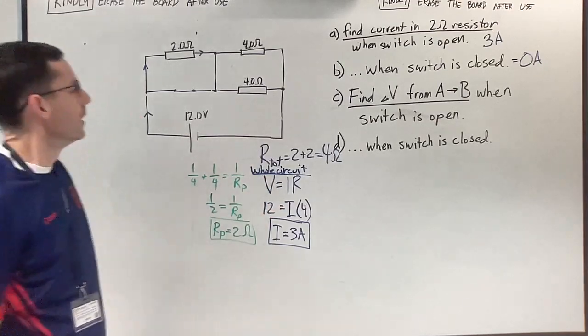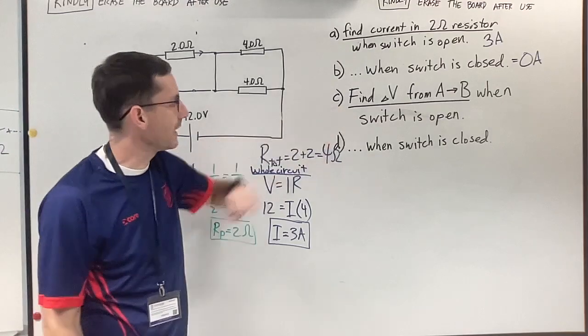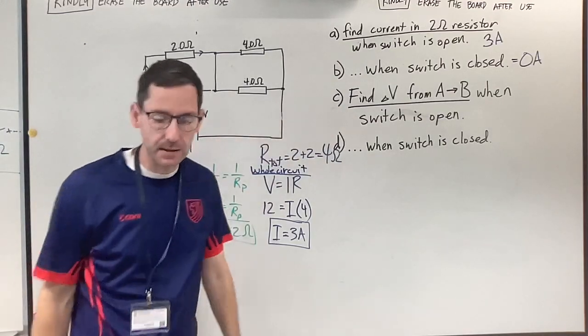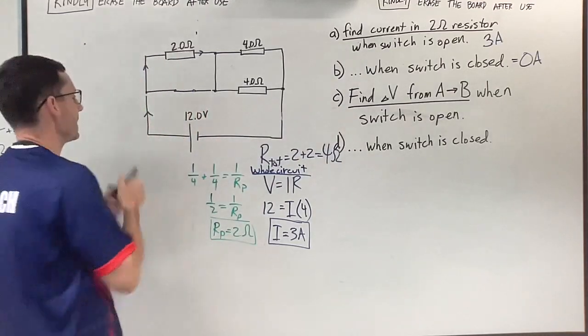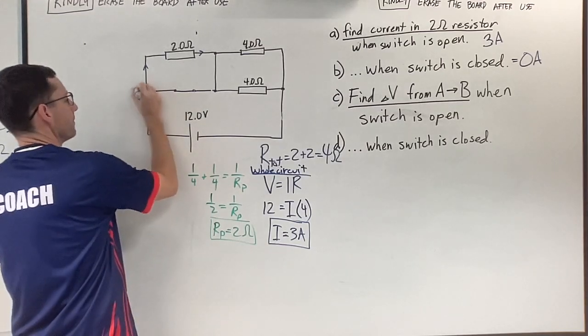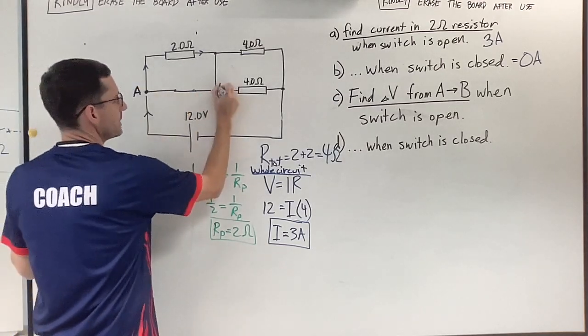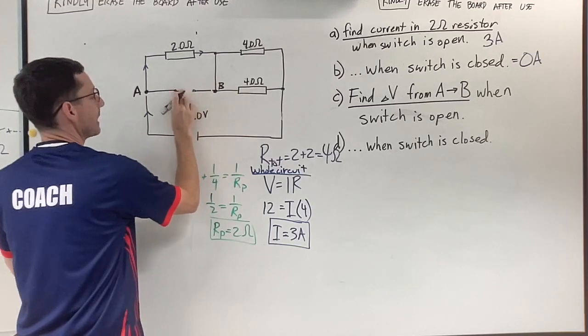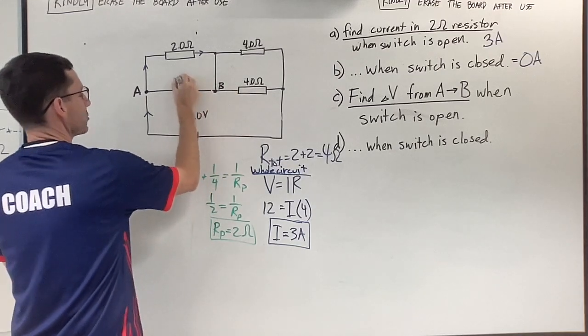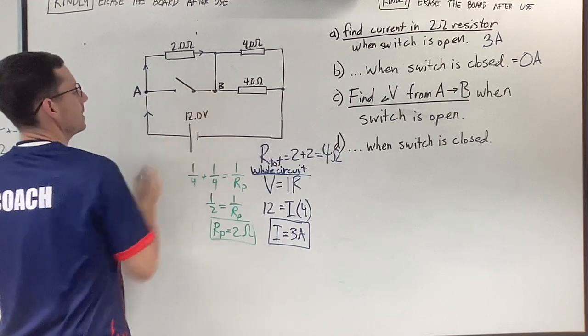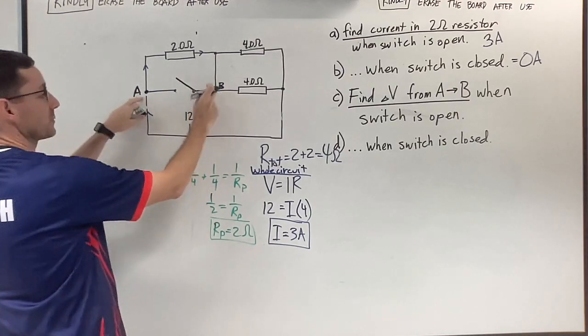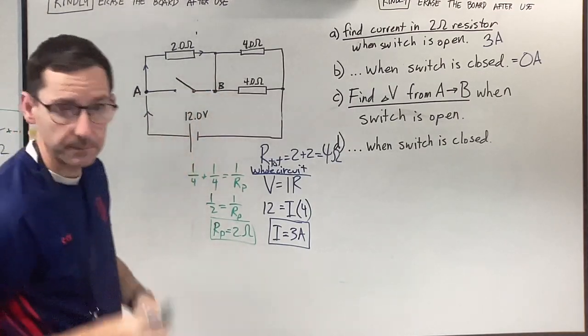Okay? Awesome. Next, find the delta V from A to B. I actually forgot to put the A and the B on here. This was A right here. And this was B. So we're going back again to when the switch is open. So the question is, what's the potential difference between this point and that point? Okay?